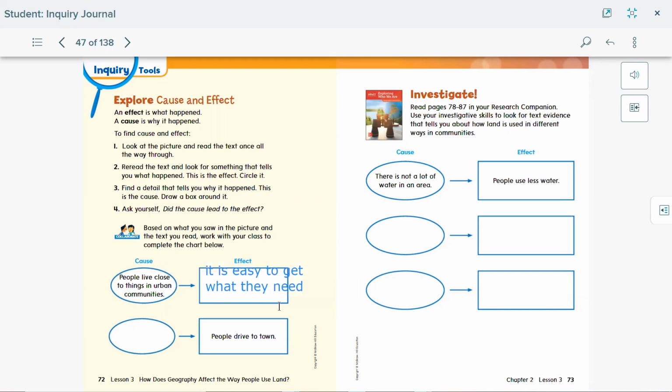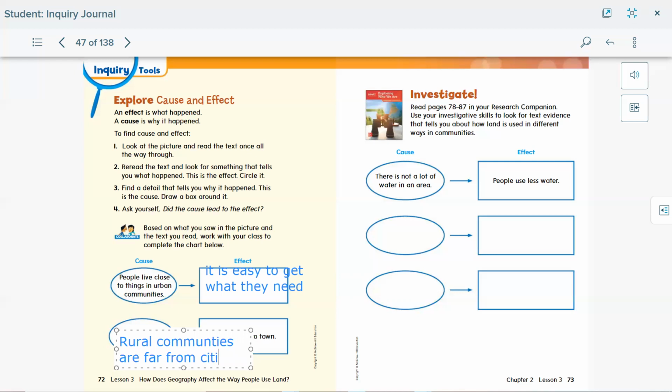All right. The second one, we have the effect, people drive to town. So what do you think the cause is? Why will people drive to town? Very good, because rural communities are far, as we saw in the previous page, far from cities.